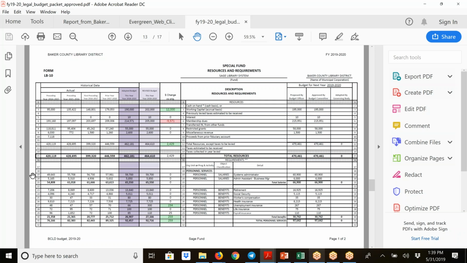That leaves the remainder, which is around $2,000. So that charge, or basically discount for Baker, is decreased from $3,400 to $2,000.